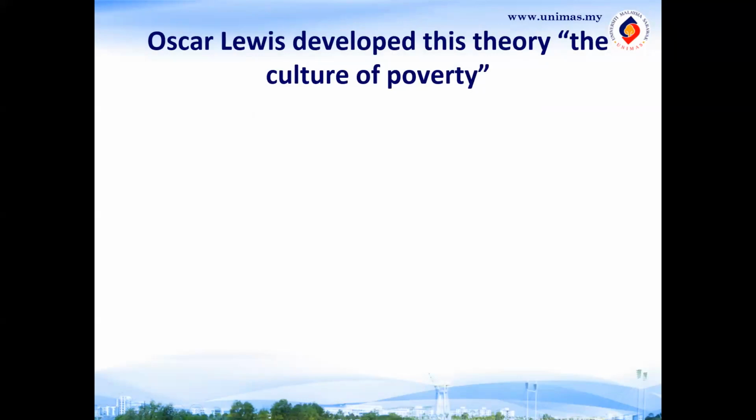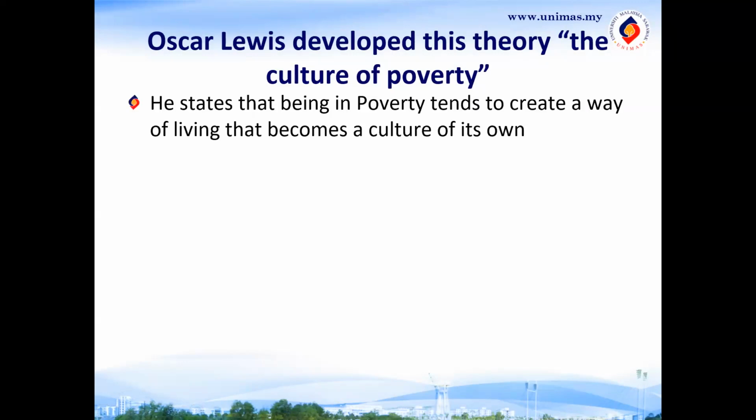The person who came out with the theory by the name of Oscar Lewis, he developed this theory, the culture of poverty, and according to him, being poor tends to create a way of living that becomes a culture of its own, said Lewis.